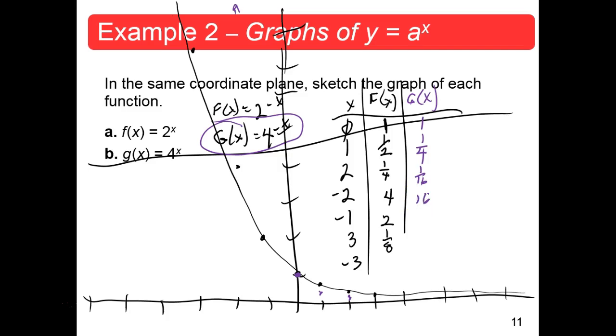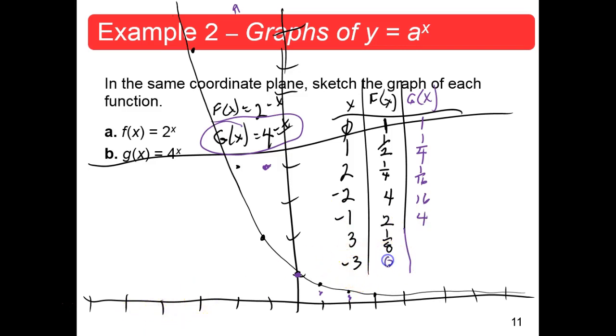When x is minus 1, what is g of x? 4 to the minus of minus 1, 4. We can plot that one. 1, 2, 3, 4, right there. Okay, somewhere right there. Okay, next, 3. And I didn't write this one then. Sorry about this.